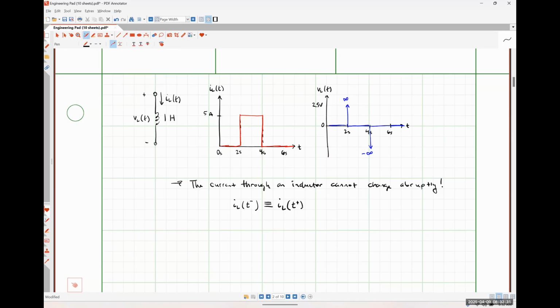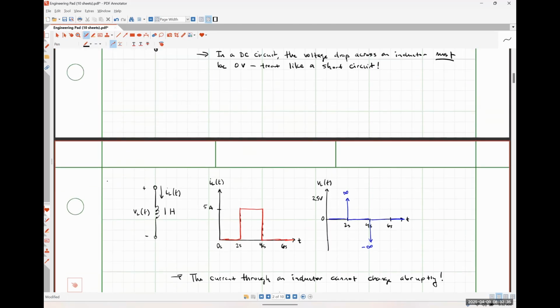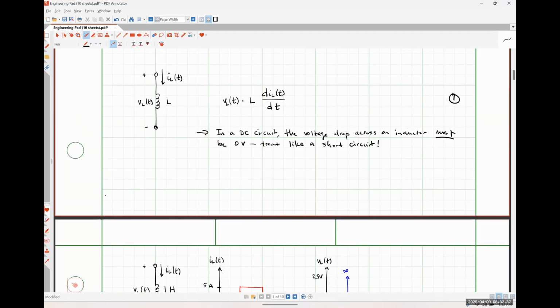All right, so let's just recap things here really quickly, okay? So we have this first equation. The voltage is equal to L times the derivative of the current with respect to time. From this relationship, we gleaned that in a DC circuit, our inductors are going to behave like short circuits because the derivative of a constant is 0.